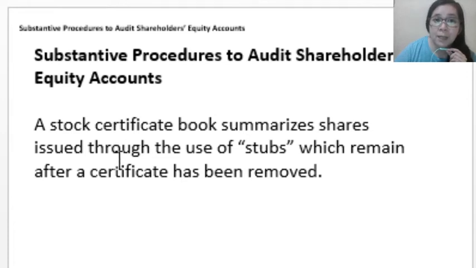Normally, the entity will use the stubs, which remain after a certificate has been removed. This is the other part of the stock certificate which remains with the entity, and it signifies that a certificate was issued to a particular stockholder.